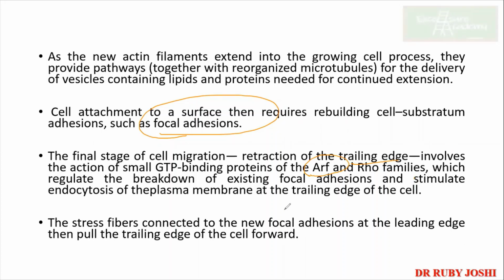So, what will happen from this? New attachments will keep forming at the front. Something like this it was, right? So they are making new focal adhesions, and leaving the ones at the back, so that the cell is moving in this direction. Okay, so the stress fibers connected to the new focal adhesions at the leading edge then pull the trailing edge of the cell forward, and hence now the cell is moving.